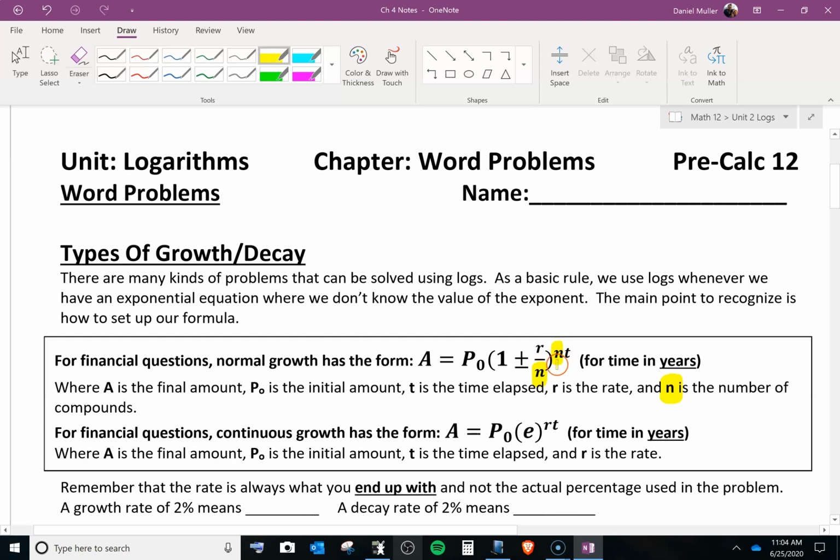But sometimes you can collect it monthly, and the number of compounds in a year, if it's monthly, is 12. If you're going weekly, there are 52 compounds in a year. So n is going to be the number of compounds.